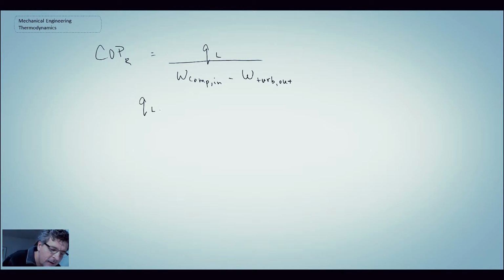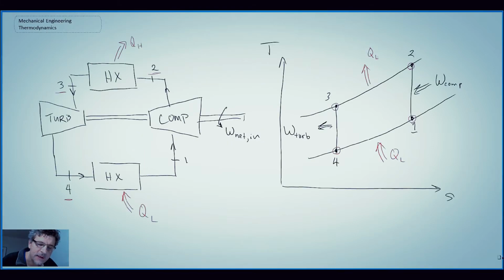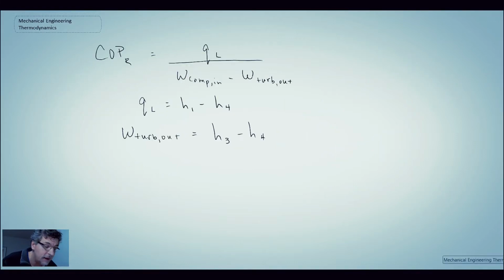So for QL, it would be the enthalpy change between 1 and 4. Turbine out would be the change in enthalpy between states 3 and 4. And then 1 and 2 for the compressor in.